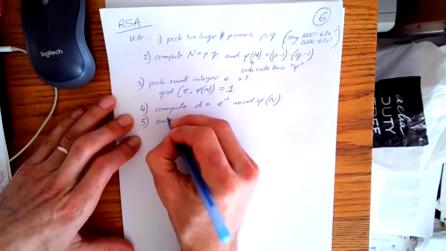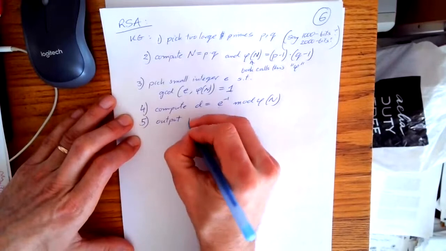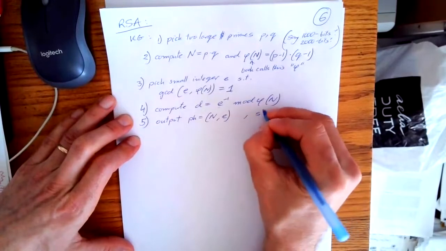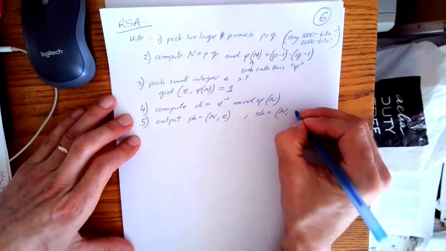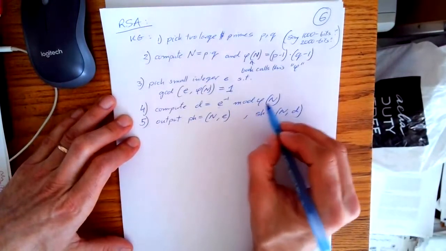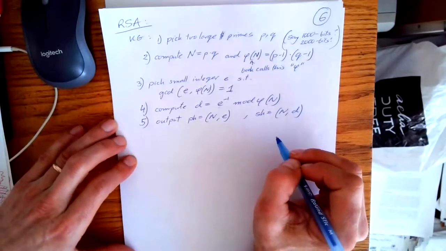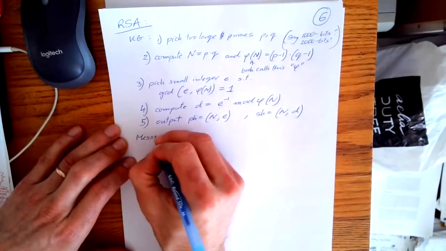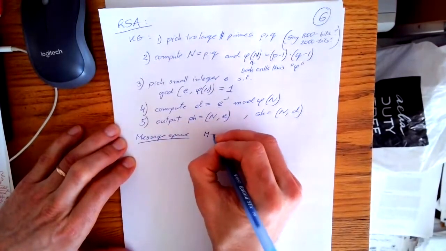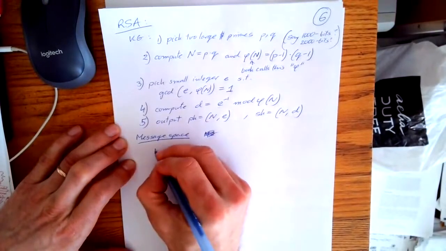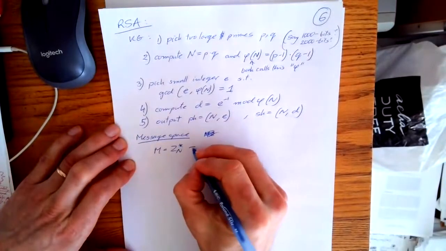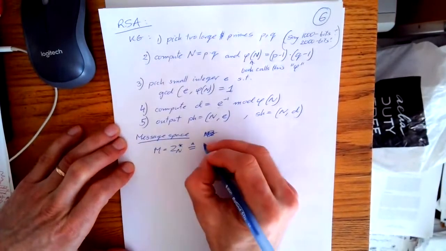Okay, and you're basically done. Now you just output the private and public key. The public key is modulus n and exponent e, and the secret key is also modulus n, but this exponent is d, the multiplicative inverse of e modulo phi of n. Now, the message space M is Z_n star, a set that we defined at some point, but I will define it once more.